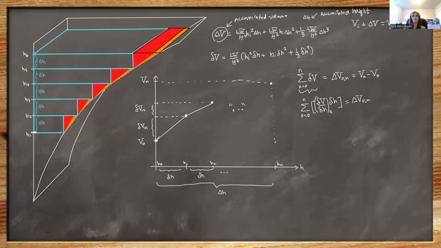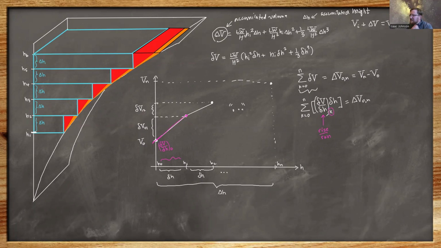Mhm. So right here, my volume to height function has a slope. And that slope would be delta V over delta H at the 0 point, when H is 0. I can then take a step delta H, and that linearization will bring me to the next point. Okay, so this is really rise over run information at any point you want it, right?